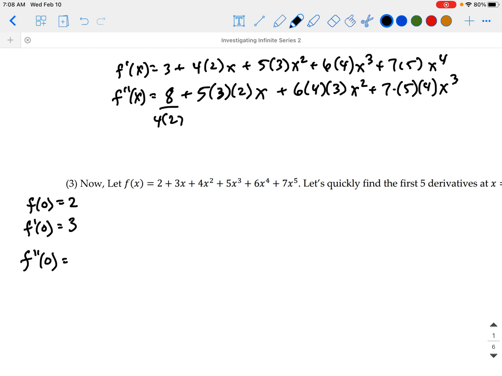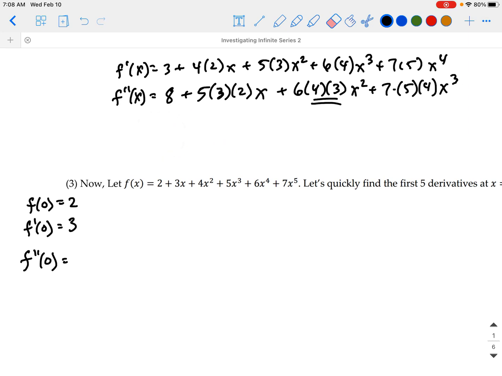And note this 8 is really 4 times 2 times 1, where this 2 times 1 we'll just notice is 2 factorial. And this 3 times 2 is really 3 factorial. And this 4 times 3 is not quite 4 factorial because I don't have a 2 there, but I'm going to have a 2 there.